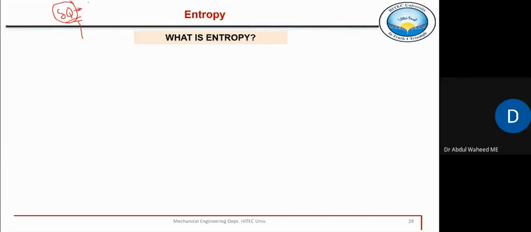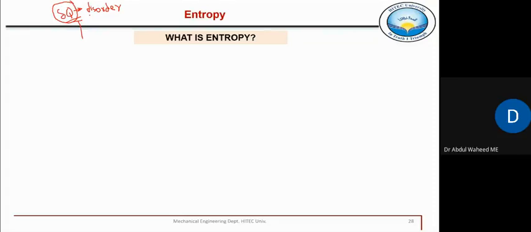I am saying it is a disordered or disorganized form of energy. So whenever there is this disorganized form of energy, that represents entropy. That is one way of interpreting entropy.